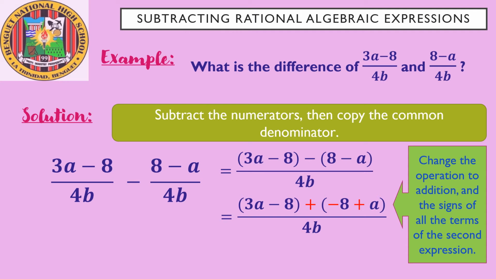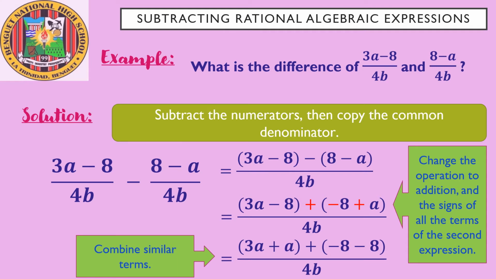Thus, when we subtract the numerators, we have the quantity 3a minus 8 plus the quantity negative 8 plus a. After we do this, we can now combine similar terms in our numerator.